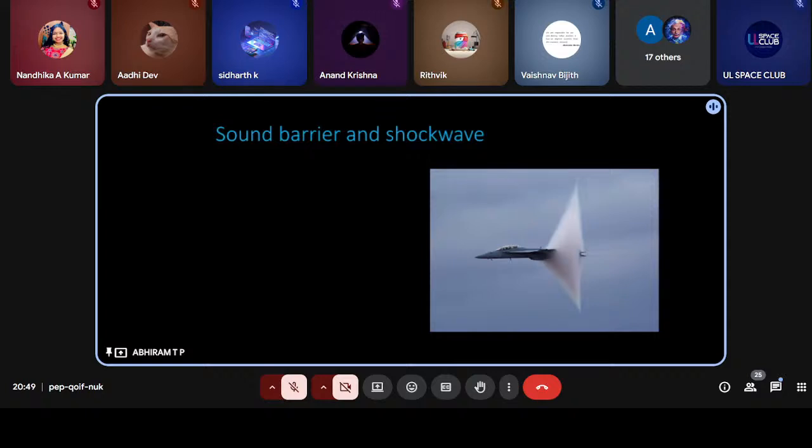If the speed is above Mach 1, it is called supersonic, and you can see many fighter jets operating in the supersonic region, which is much higher than the speed of sound. Even above that, there is a region we call hypersonic, which consists of speeds above Mach 5, and this can be found in missiles and related things.